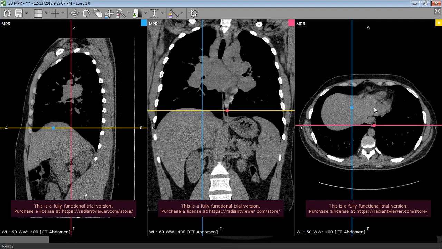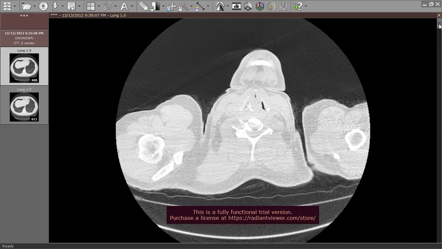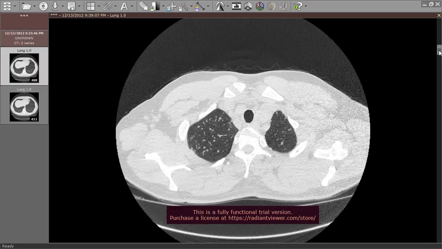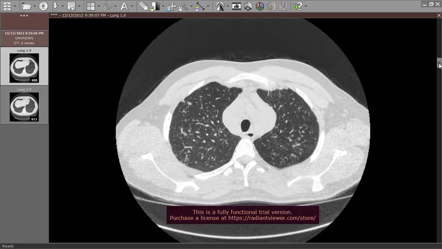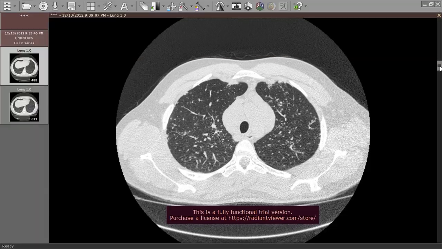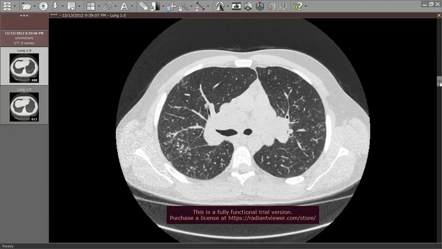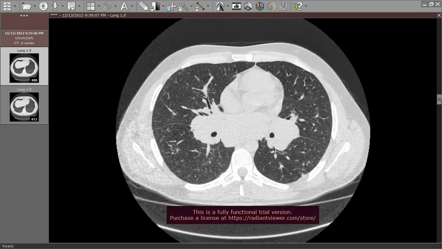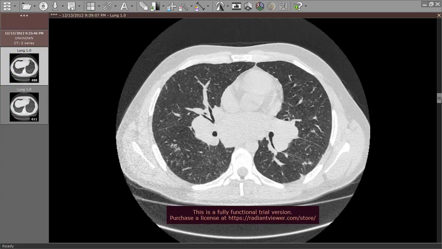Let me show you something at the end which could help. It is actually the lung window. We have to search for any parenchymal manifestation of sarcoidosis such as fibrosis or nodules. In this case we have many nodules, numerous nodules studding both lung fields.